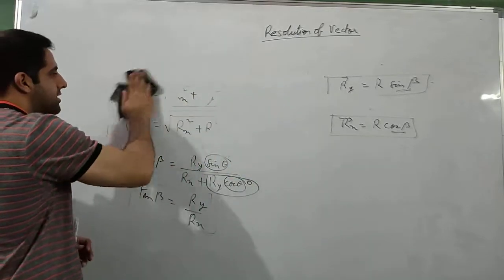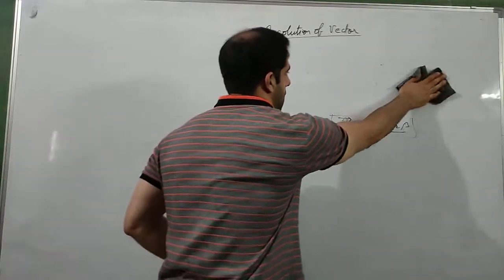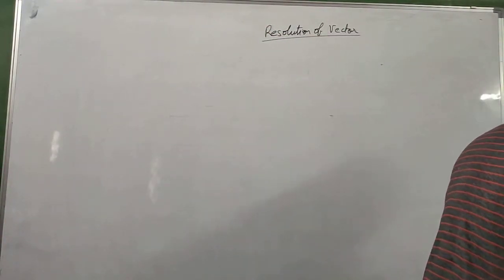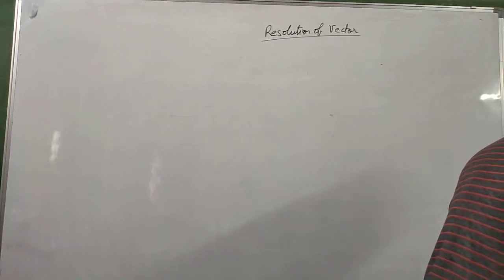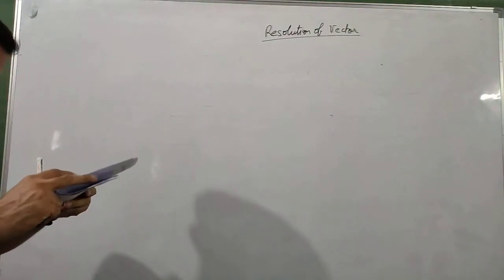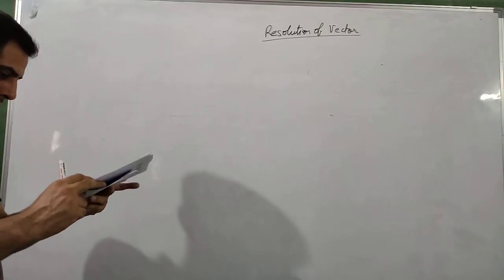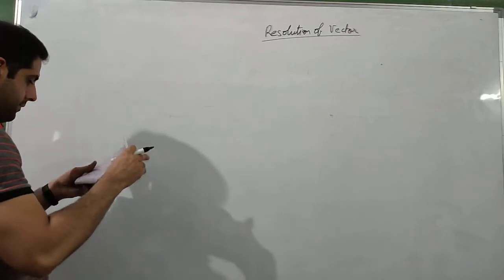Let us do a solved example. Let us say there are two vectors given to us.